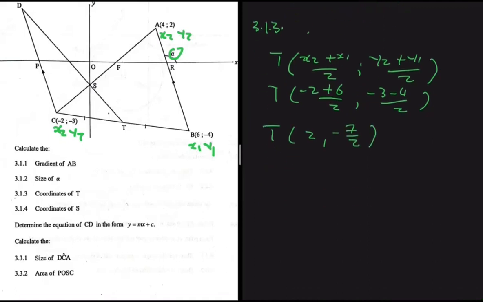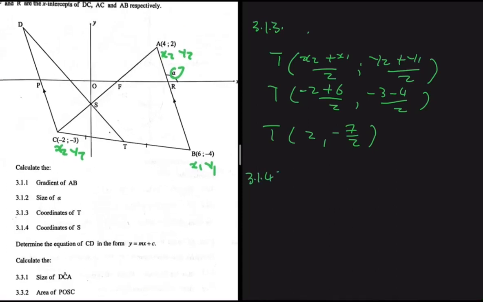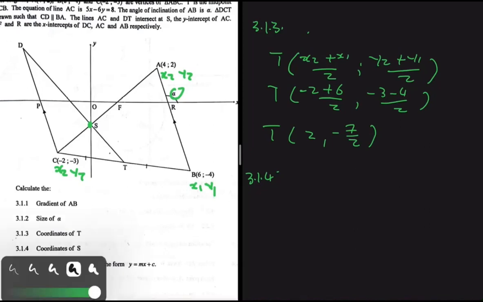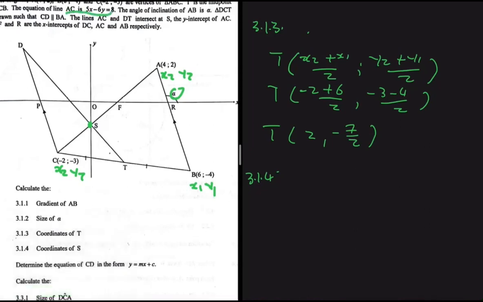And let's use 3.1.4. So 3.1.4 here is saying that let's determine the coordinates of S. Lucky we are given the equation of line AC, right? It's given to us here in the equation. We're given the equation for line AC.